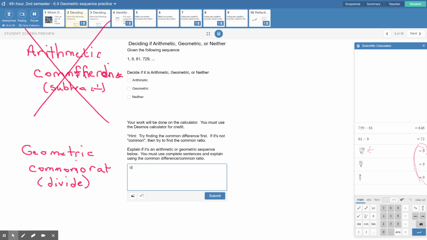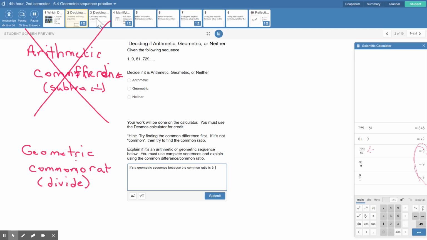So this is going to be a geometric sequence because the common ratio is 9. So you have to tell me what sequence, and you have to tell me if it's a common difference or a common ratio, and then what the ratio is.